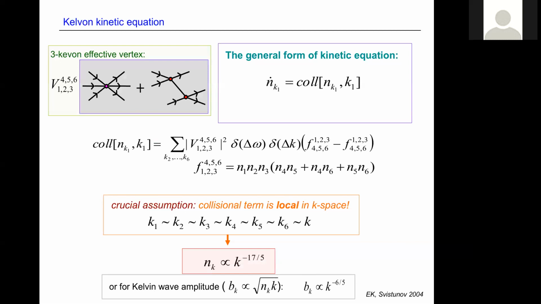Now, you need some form for V also. Right, exactly. We did compute V here. I just don't want to go into details. If you want to do an explicit calculation without this assumption, it is a very tedious problem because you have on the order of 1,000 terms on the right-hand side from different combinatorics.